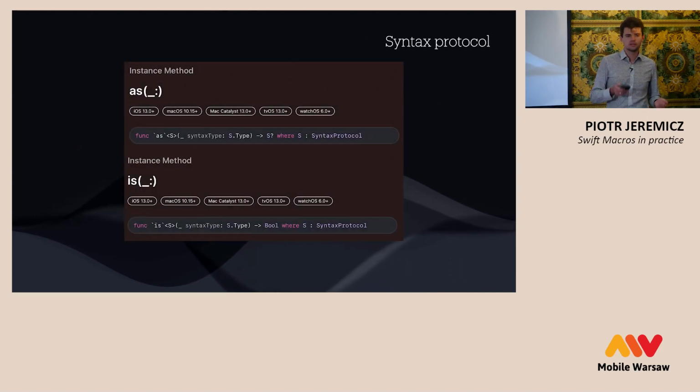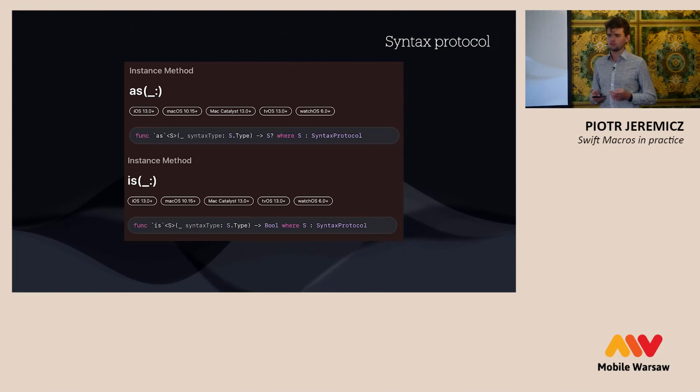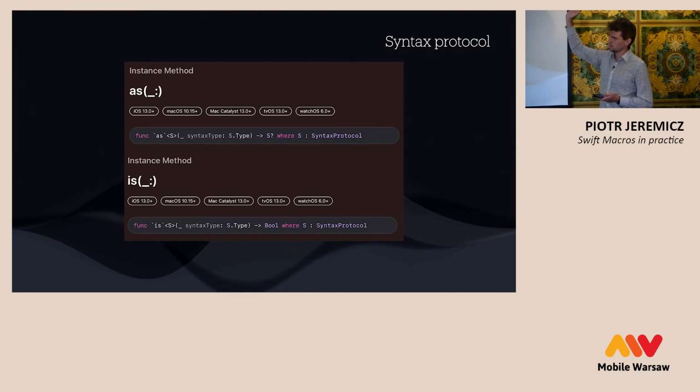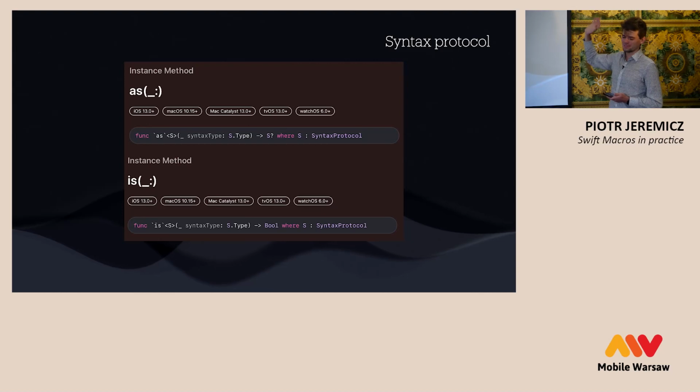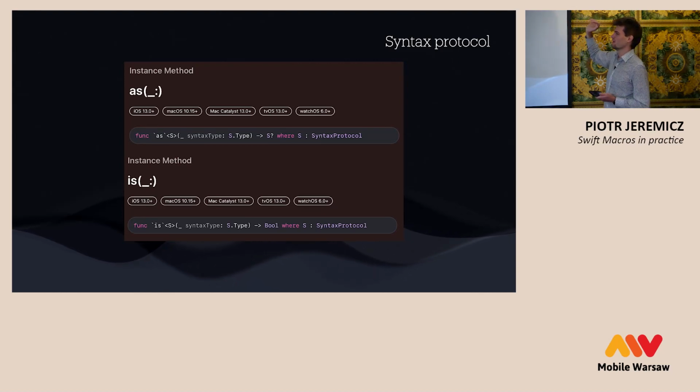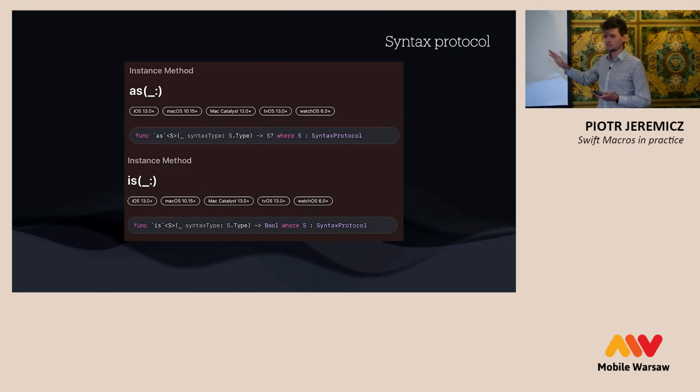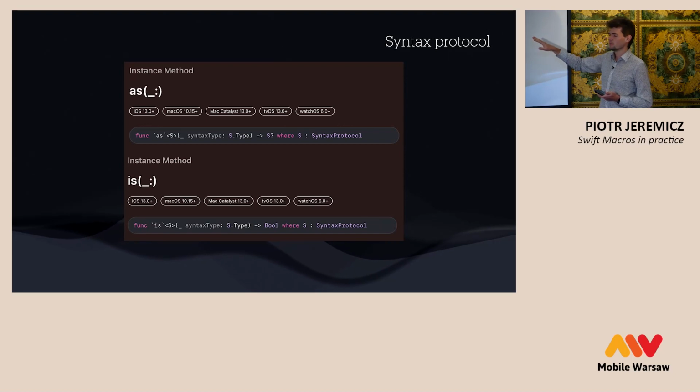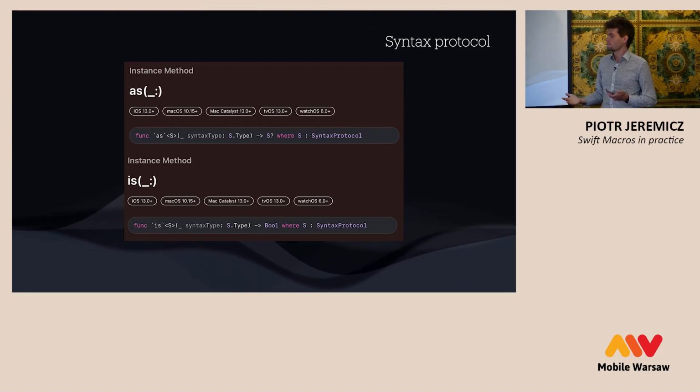And I would like to speak about 2 methods that are really important to deal with Swift macros. First is "as", something that gives us information about the type. The whole Swift syntax is based on the syntax protocol that provides you some information about the syntax.